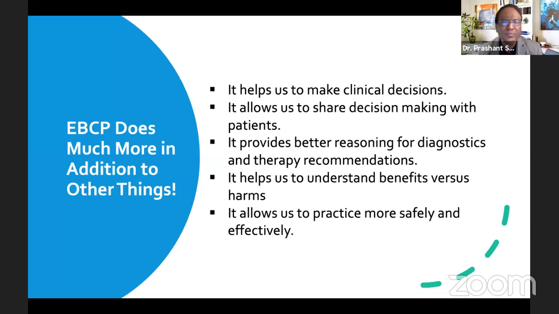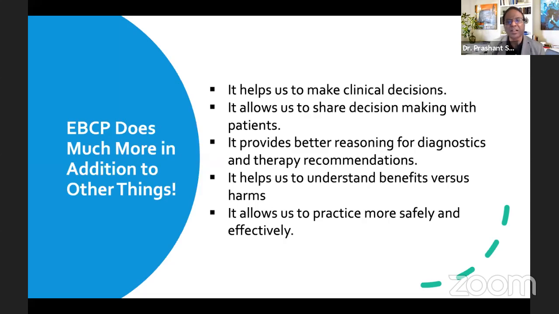Evidence-based medicine helps us make a clinical decision based upon the best scientific evidence, combined with clinical expertise and integrating patient values and preferences. It allows us to share decision-making with patients.